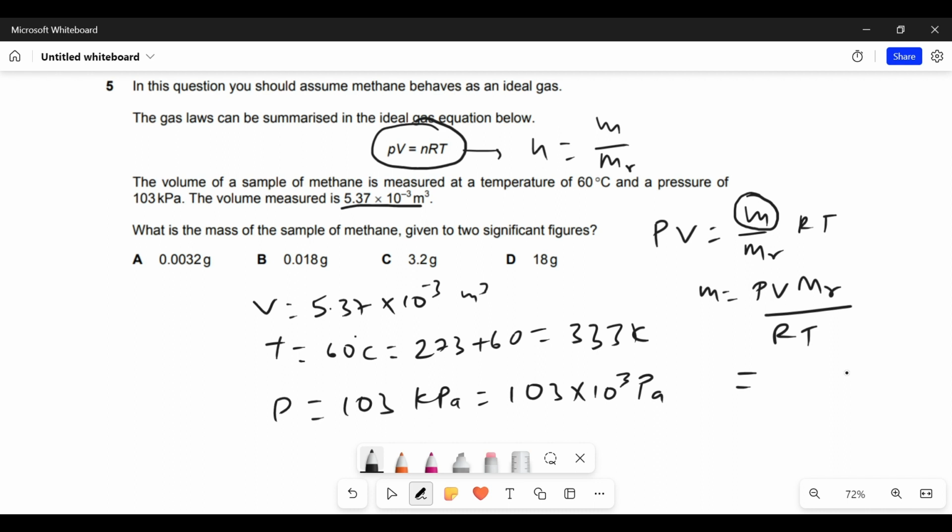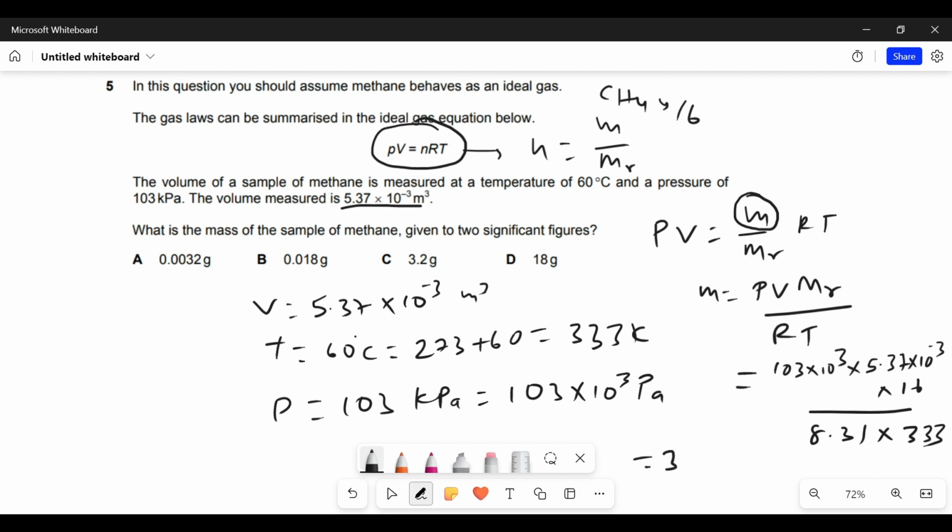If I substitute the values of pressure, volume, Mr, R and T, P is 103 into 10 raised to the power 3, V is 5.37 into 10 raised to the power minus 3, Mr for methane, molecular formula CH4, is 16. So 16 upon R is 8.31 into temperature is 333. If we calculate this value, it comes out to be 3.2 grams.